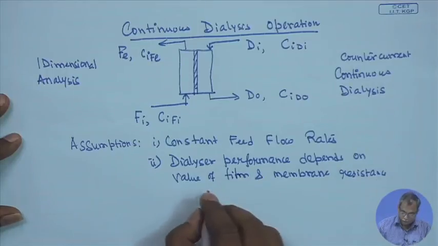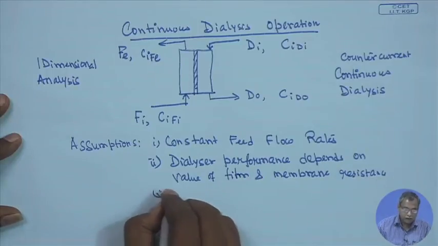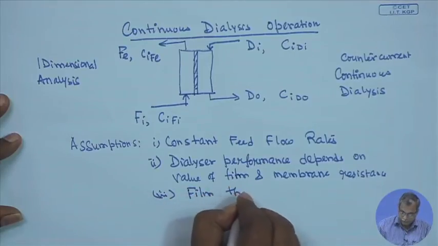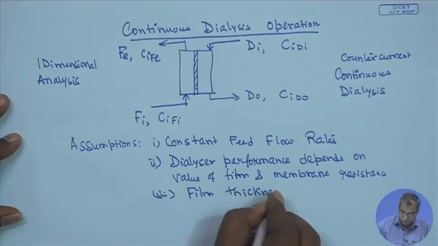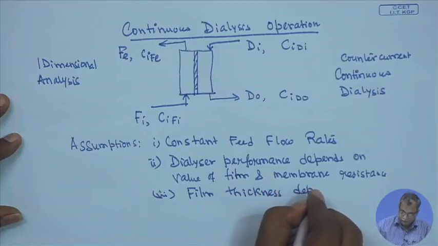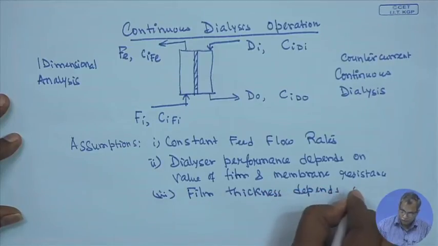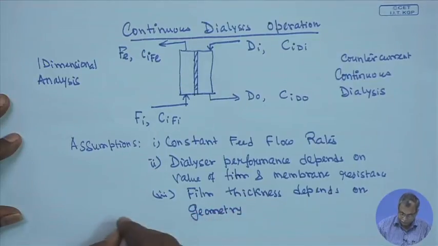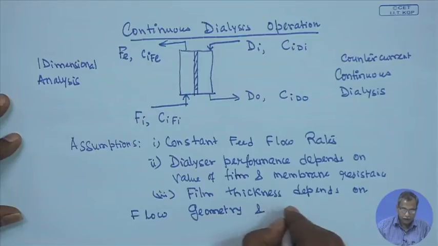And then film thickness, of course, that is true. Film thickness depends on geometry and flow velocity, channel geometry or flow geometry and velocity profile.